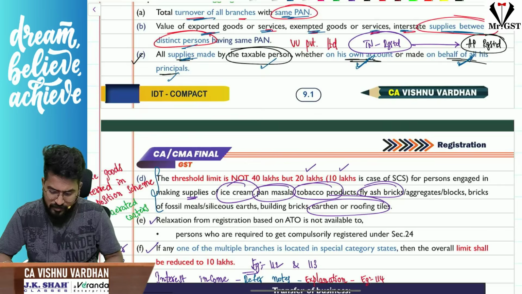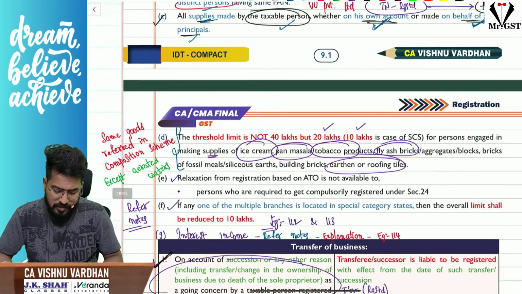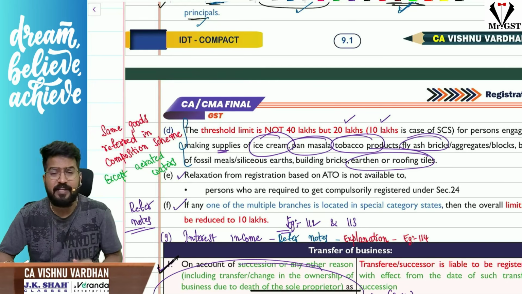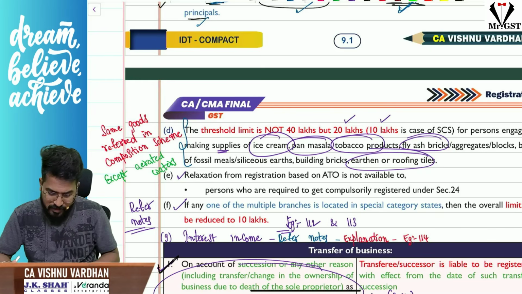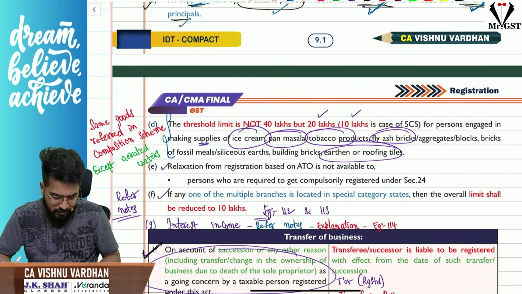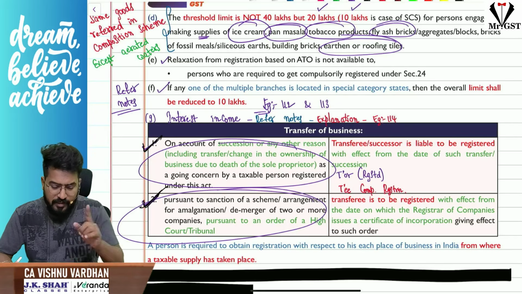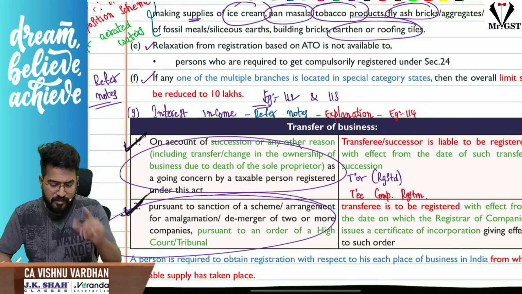Now coming to the next one, as I already discussed, some goods are not eligible for the 40 lakh threshold limit. They will enjoy only 20 lakh, or 10 lakhs if they are in a special category state. That point we have already discussed. The 10 lakhs overall limit will follow all the rules we have discussed. Next, interest income, point G, where I had missed something.